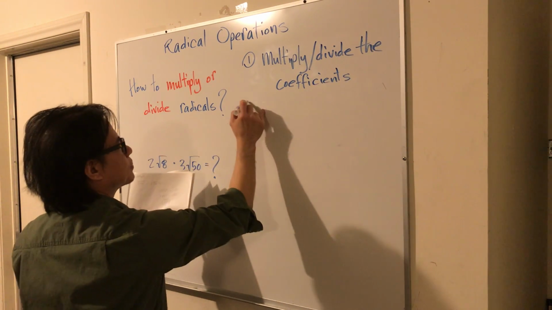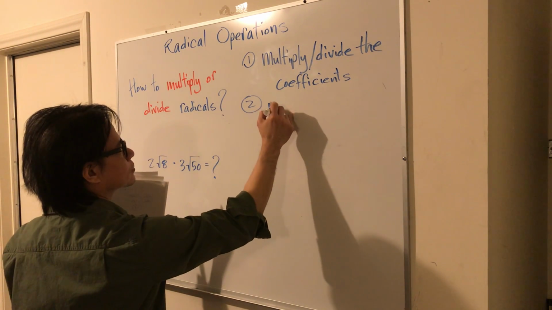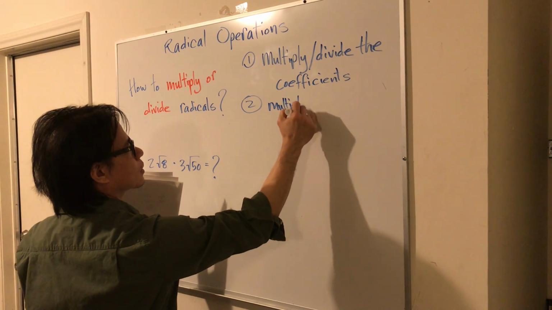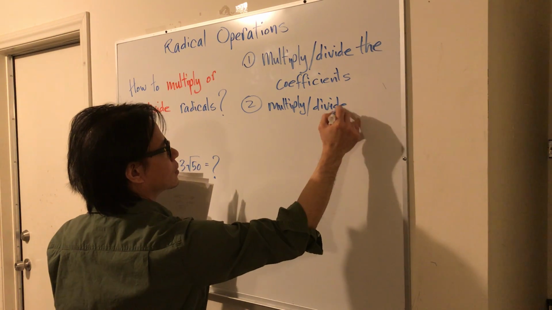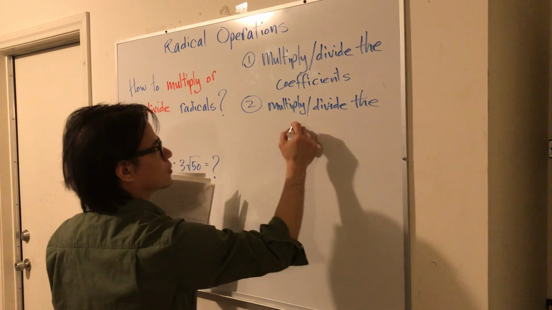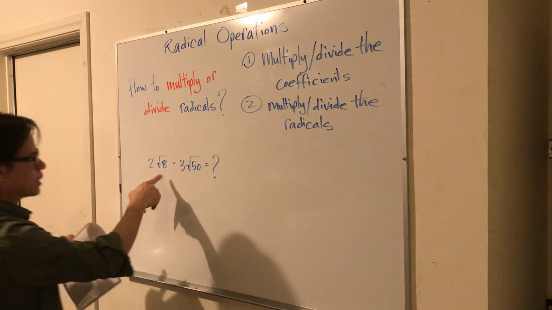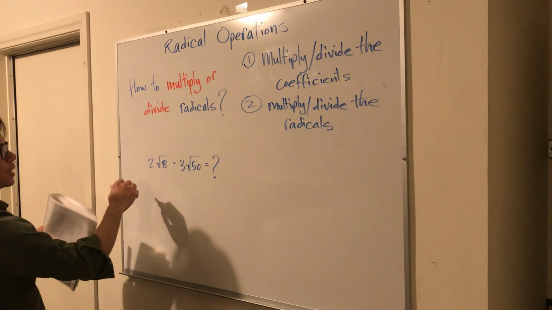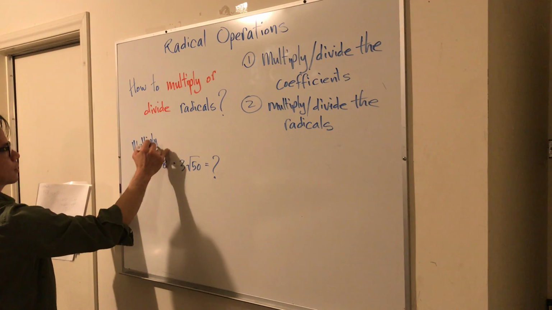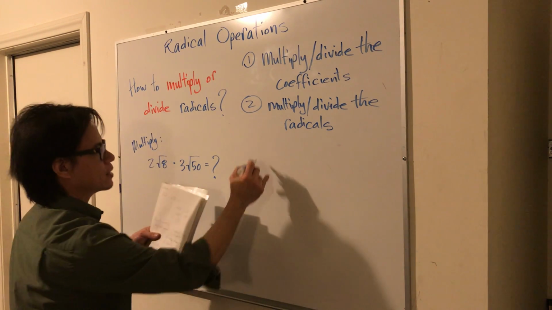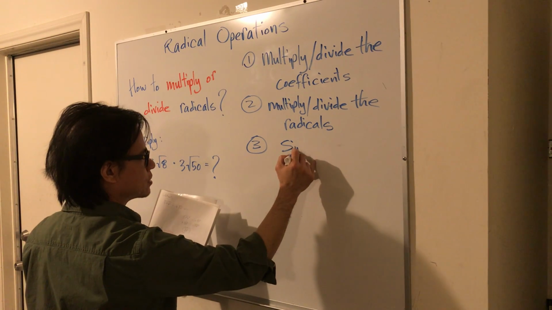Step 2, we're going to multiply or divide the radicals, whatever you're asked to do. Like here you're asked to multiply, right? So we're going to multiply. Step 3, we're going to simplify if necessary.